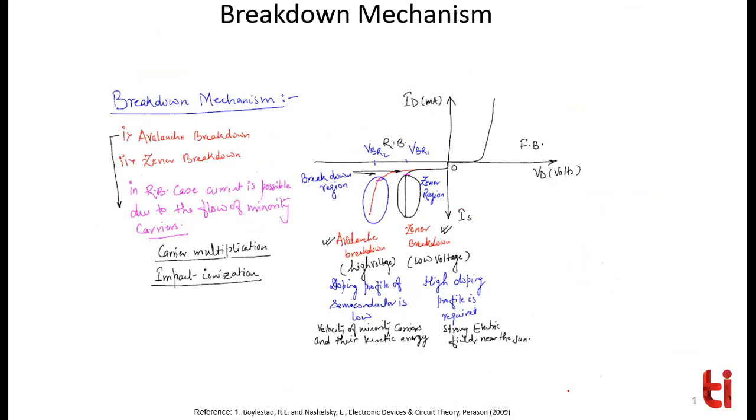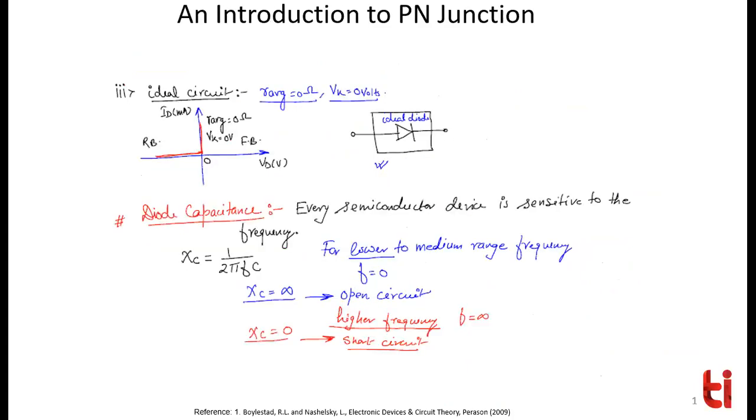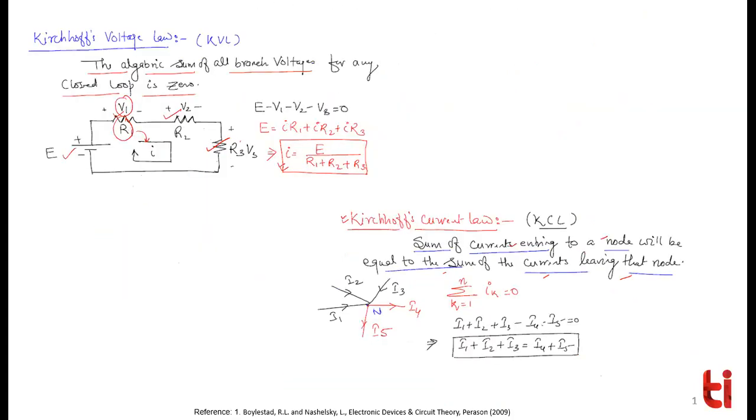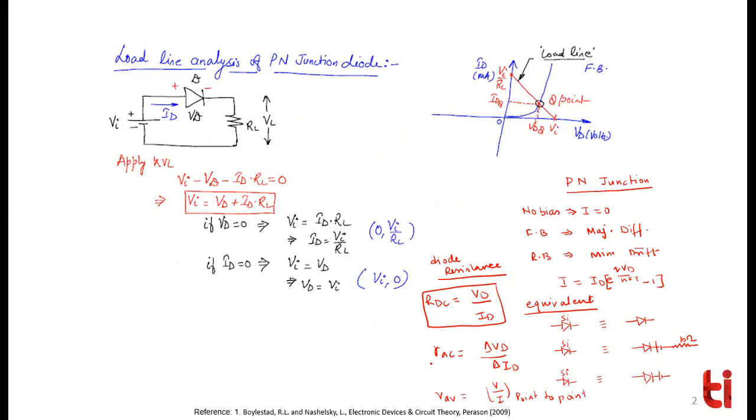These things we have already seen, and the breakdown mechanism also, the Zener and avalanche. So till now we have seen how a diode works, what the diode resistance is, how we can replace the diode in an external circuit, and we have two breakdowns known as Zener and avalanche.